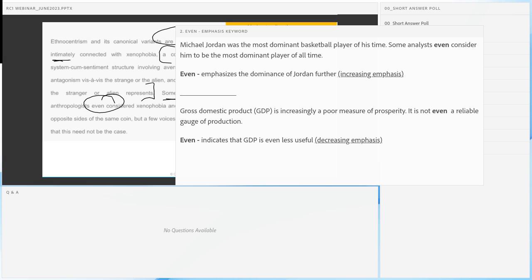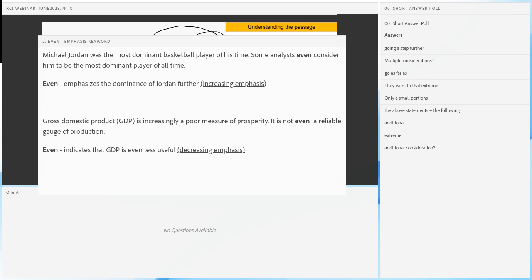Some analysts even consider him to be the most dominant player of all time. So here, when you use the word "even," it's saying he's just so dominant that we can consider him to be the most dominant player. So "even" emphasizes the dominance that Michael Jordan had.